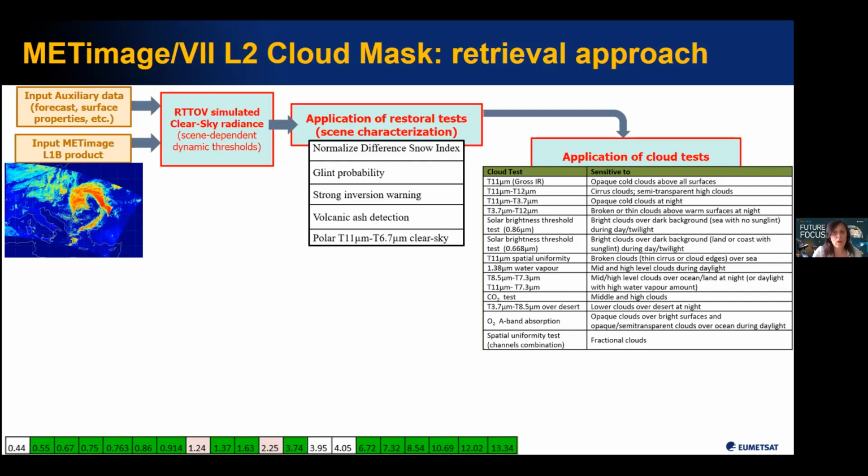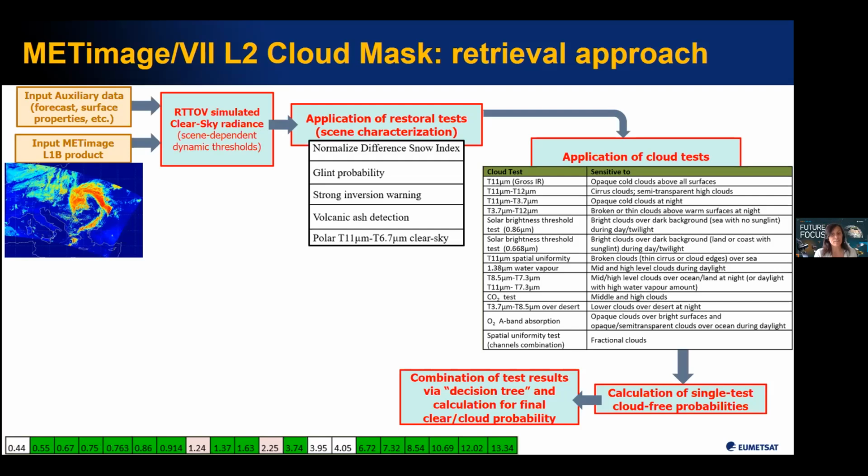So once the tests are performed, there is a probability calculation. For each test, the probability is calculated by measuring the distance between the threshold simulated by RTTOV at this step and the measurement of the given test. Then the probabilities of each test are combined into a final probability following a decision tree approach very similar to what Hans-Joachim has already shown for FCI.